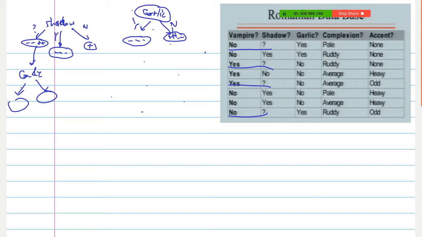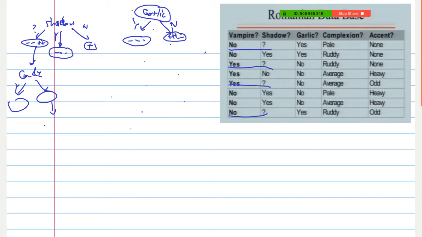In the garlic test, if it's yes, then maybe we are done. Let's say we trust this data here. If it doesn't care about garlic, it's not a vampire, then we are done here. But if the result is no, then we cannot stop here, and we need more tests again, and so on and so forth.